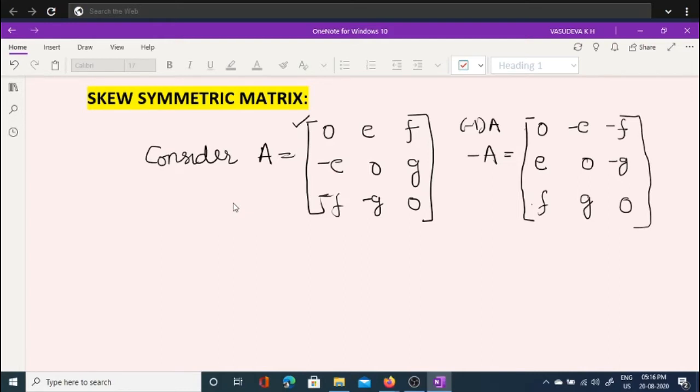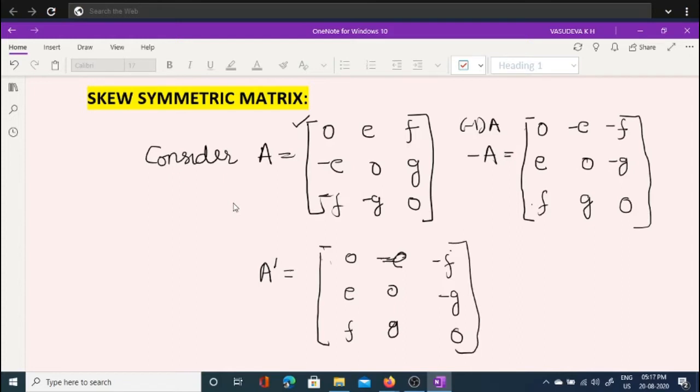Now I will take the transpose of the matrix A, A dash. When you write the transpose of the matrix, converting the rows into columns, we get 0 E F, minus E 0 G, minus F minus G 0.